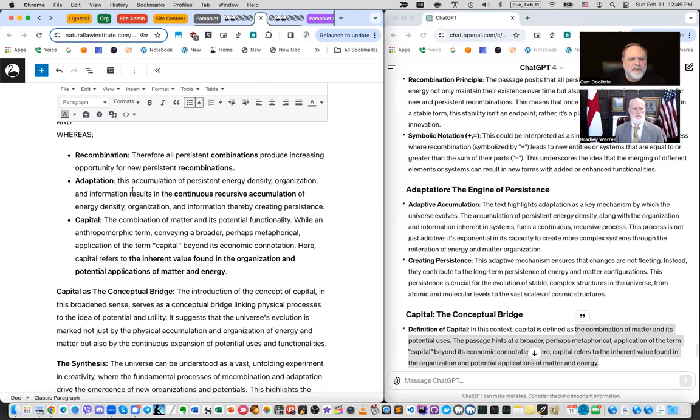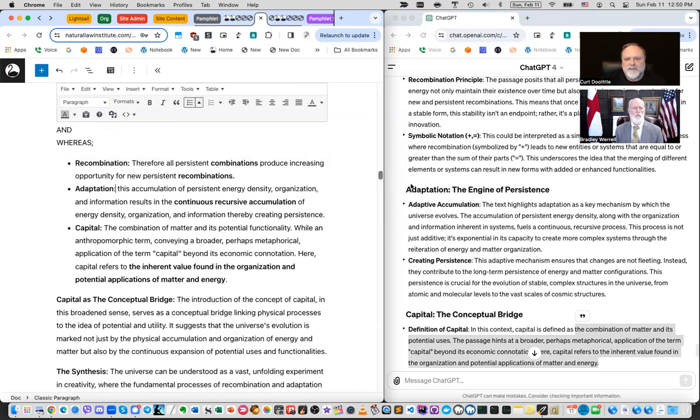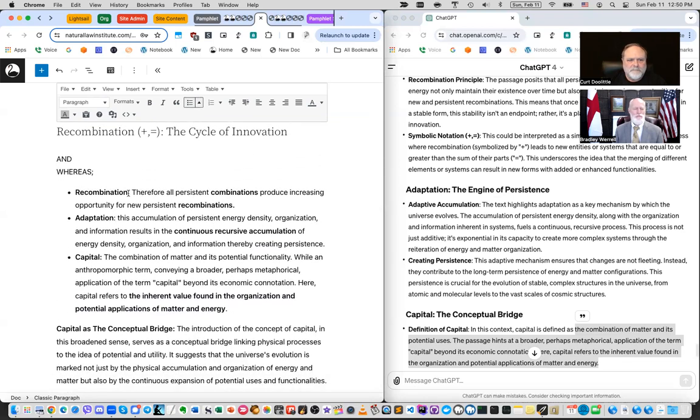It begs to be stated here, what's that? The engine of persistence. I just love this title. Oh yeah. I was impressed by those little titles. Like, wow, that's just crazy impressive.